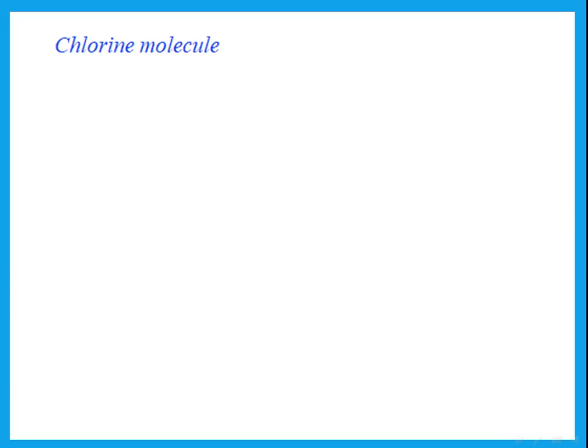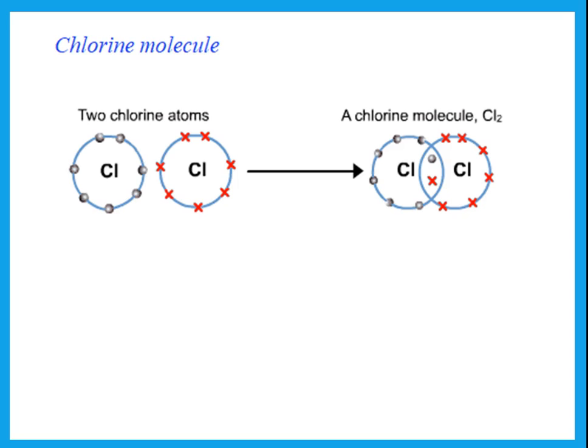Okay? Chlorine molecule. Each chlorine atom has 7 electrons in its outer shell. It needs 1 more. So if each of them contributes 1 to be shared between them, then each of them has a total of the 8 electrons that they need, because they're going to share 1 pair of electrons.